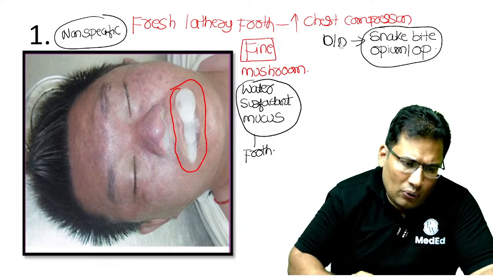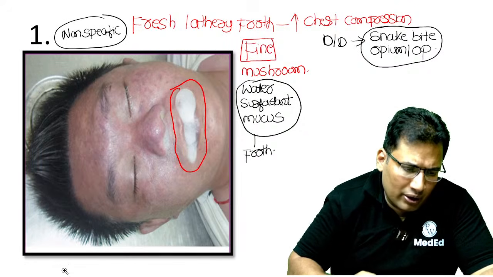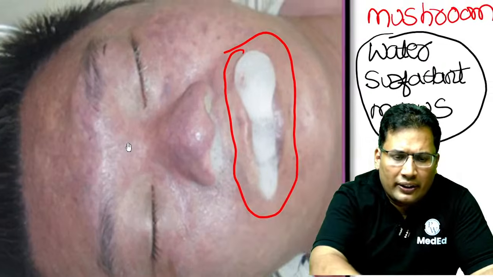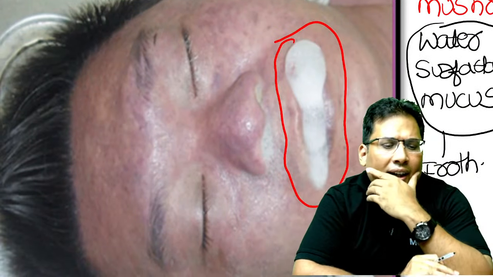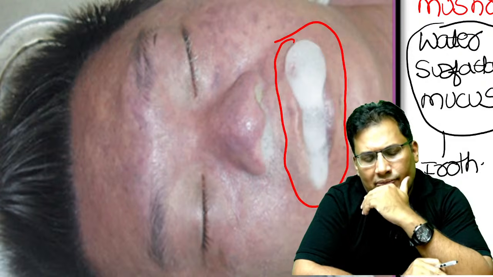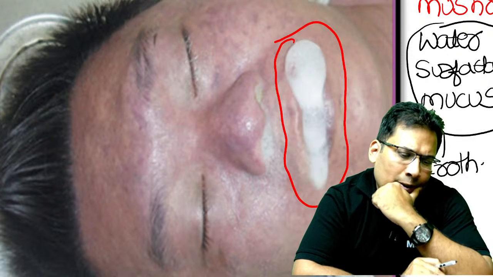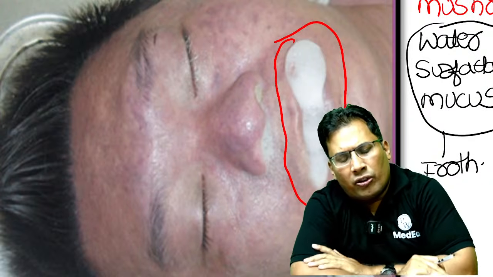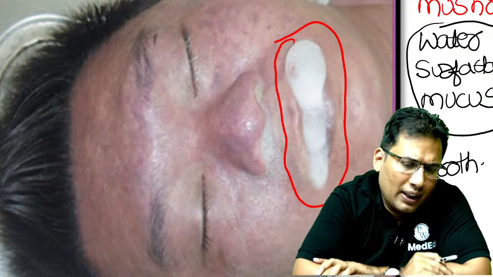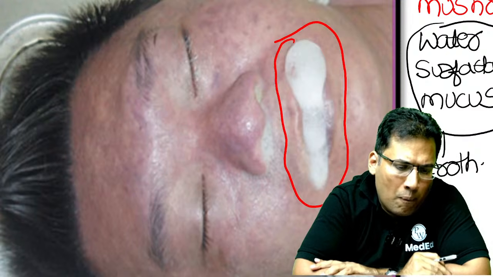Now, what is the finding here over the face? Now look at this face. There is a finding here. Can anyone identify the finding over the face? Both the eyes are closed. Froth is there at the mouth and nostril. Any other finding over the face?